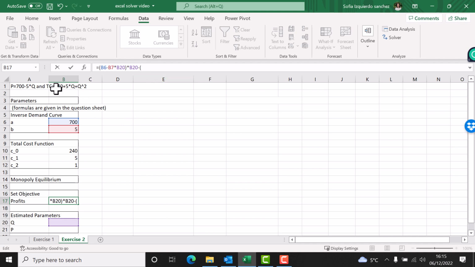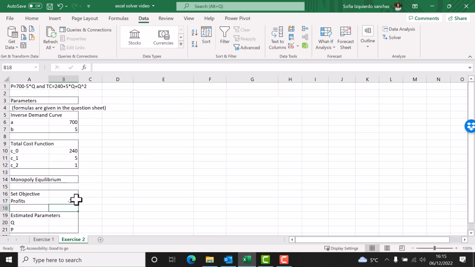And the cost, you have here the total cost function, will be 240 plus 5 times, again, the quantity that you want to estimate, plus 1 times the quantity squared. And that's going to be your objective function.